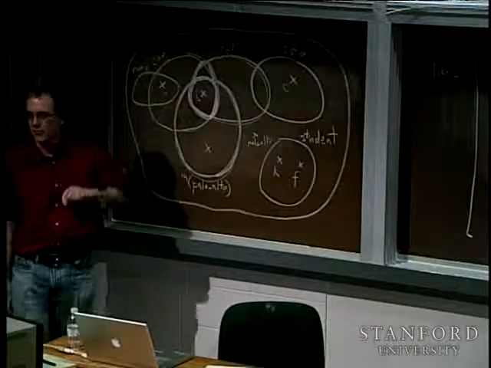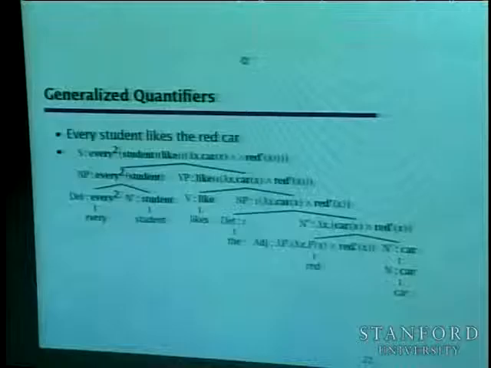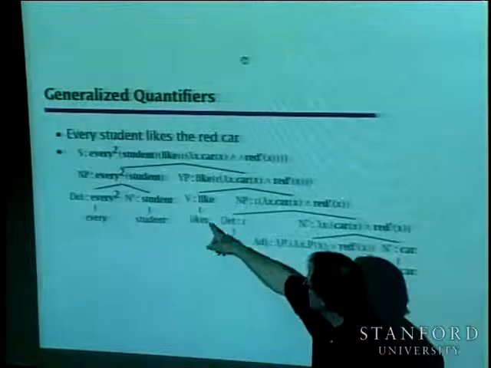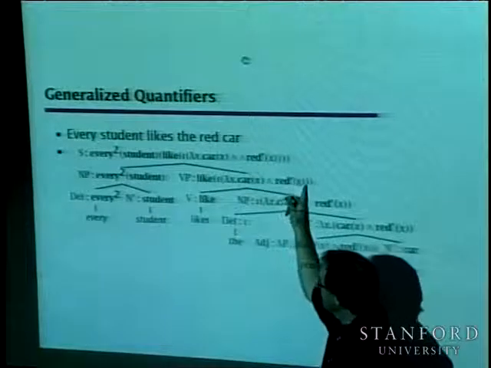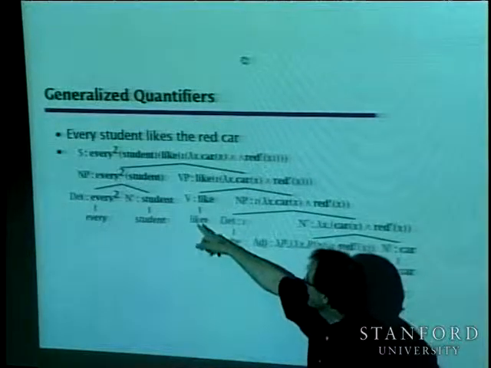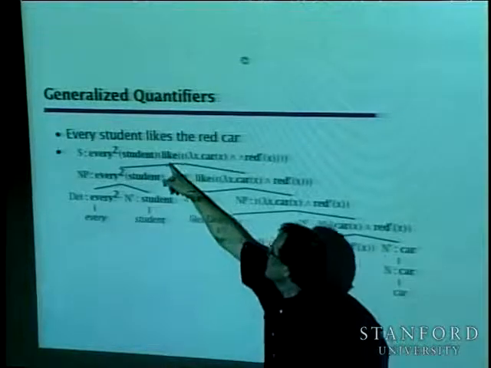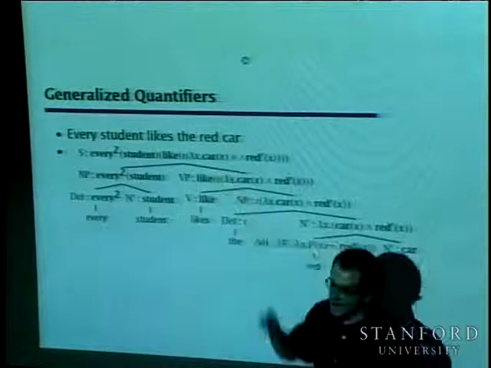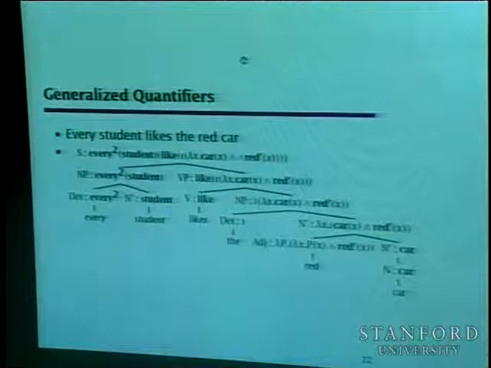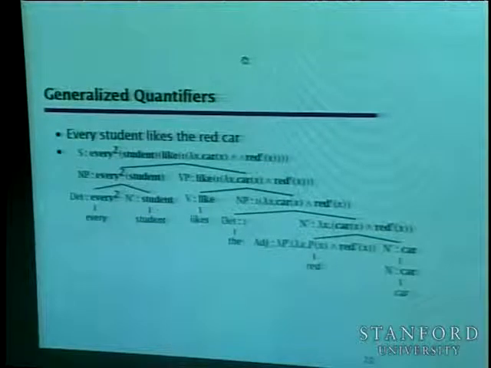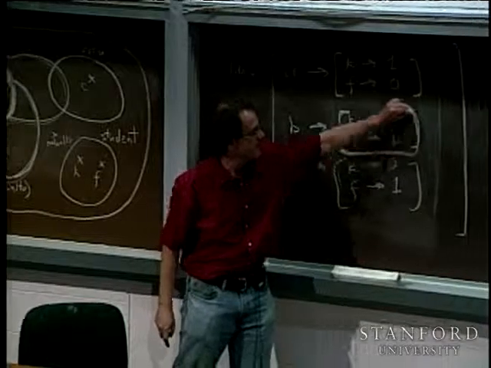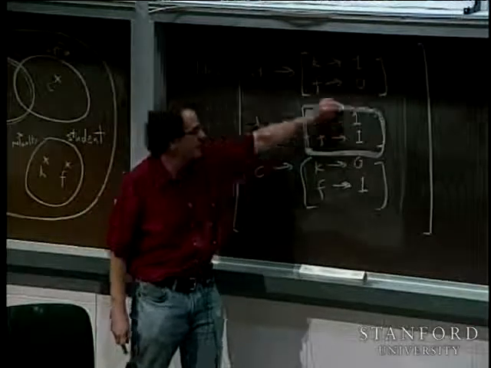It's the individual B in our model over here. Because its value is an individual, I can apply the predicate likes to it, and then I get a property of liking the red car. In particular, the property that I get out is precisely this property here of liking the red car.